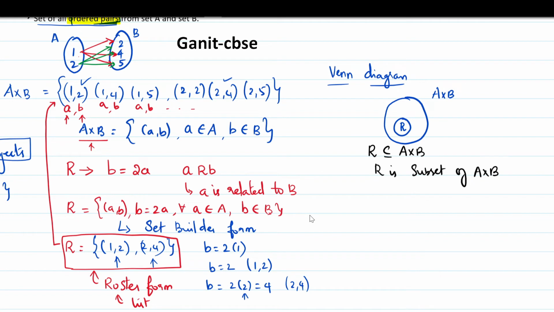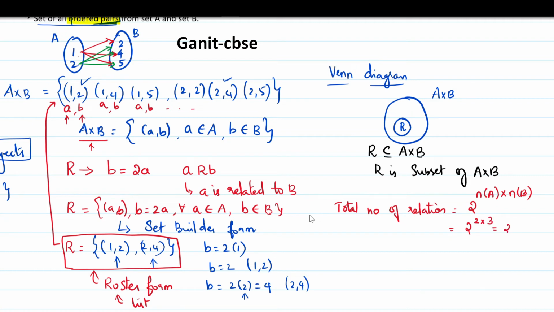So how many subsets will you get? The total number of relations you can form from A cross B is 2 to the power of the number of elements of A times the number of elements of B. Here the number of elements of A is 2, and the number of elements of B is 3.